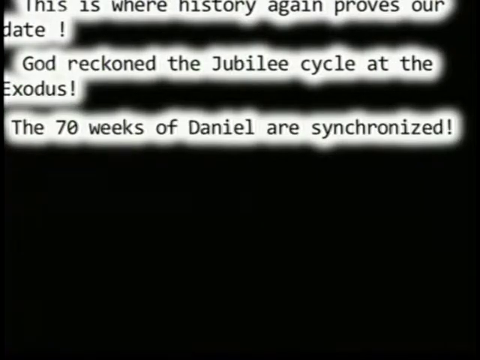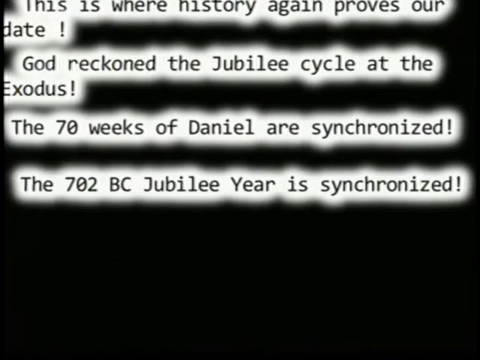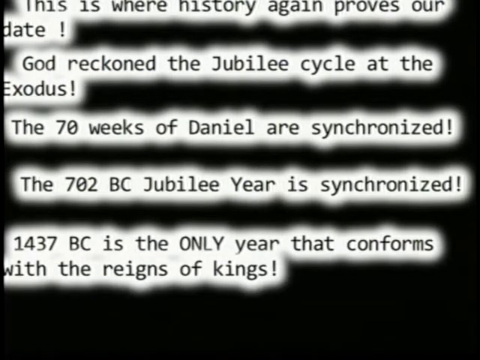This is where history again will attempt to prove the date. You never leave a rock unturned. God reckoned the Jubilee cycle at the Exodus. The 70 weeks of Daniel are synchronized. The 702 BC Jubilee year is synchronized.